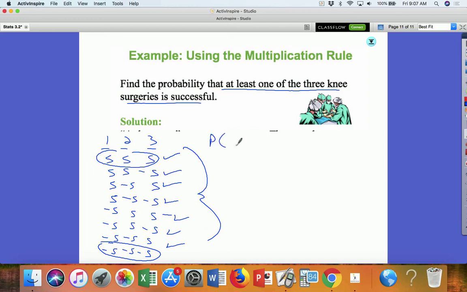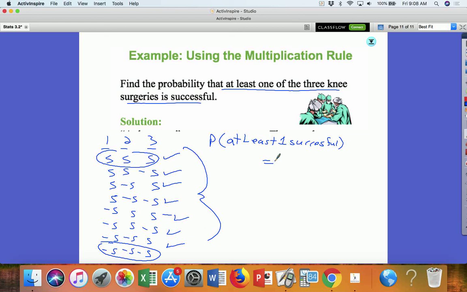So write this down. Probability of at least 1 successful. What's the opposite of at least 1 surgery going well? Is 2 going well? At least 1?